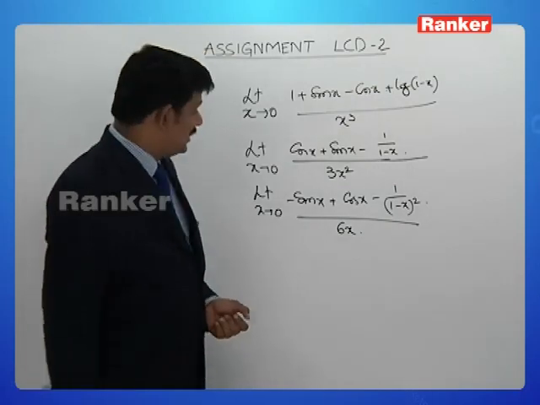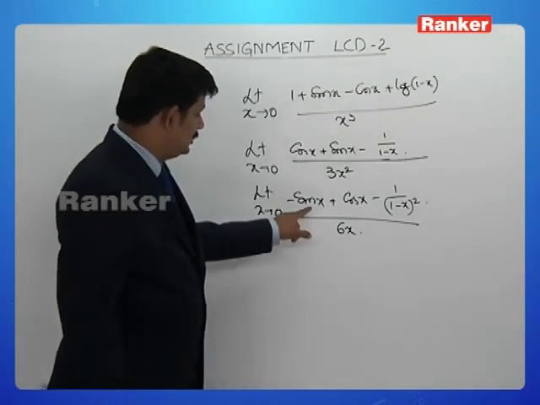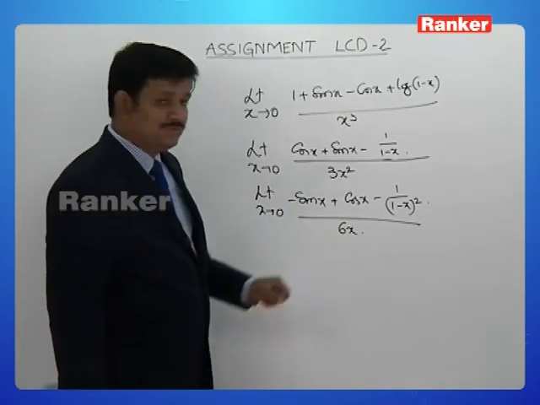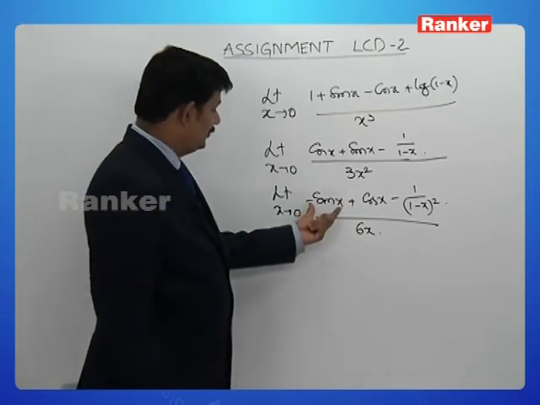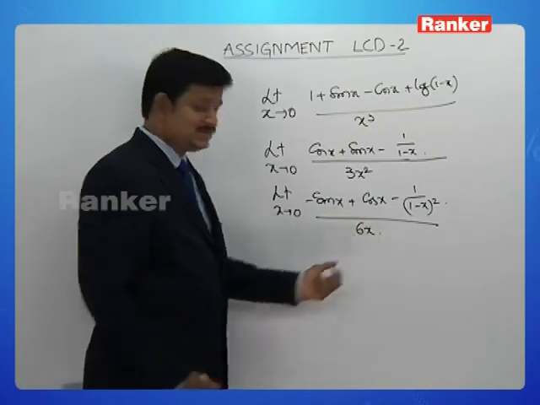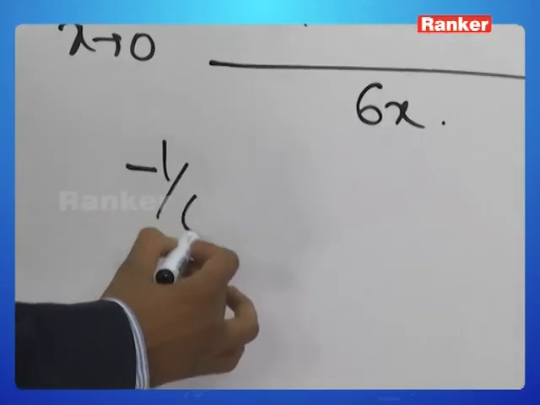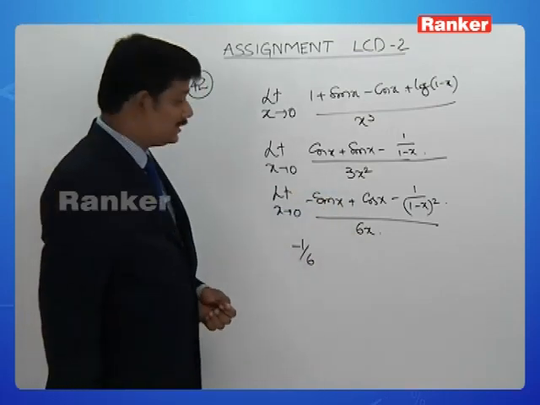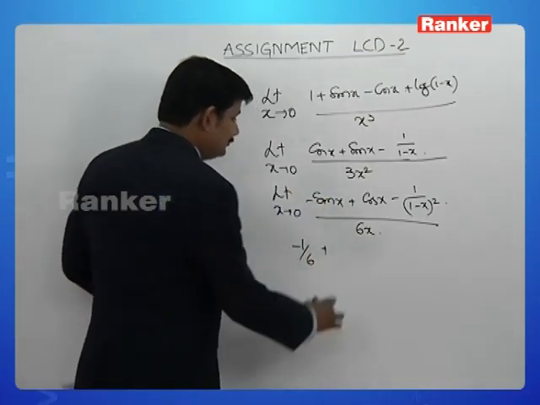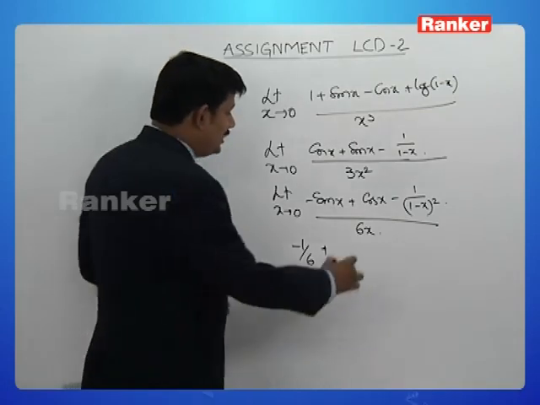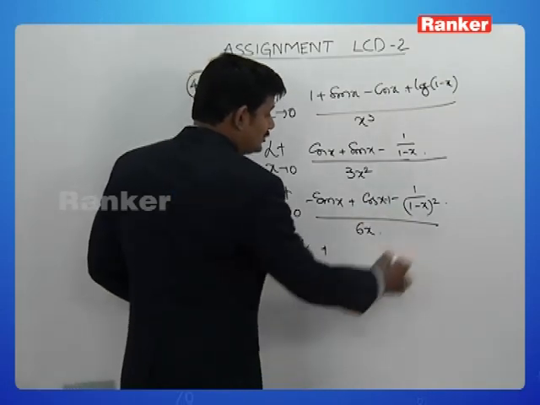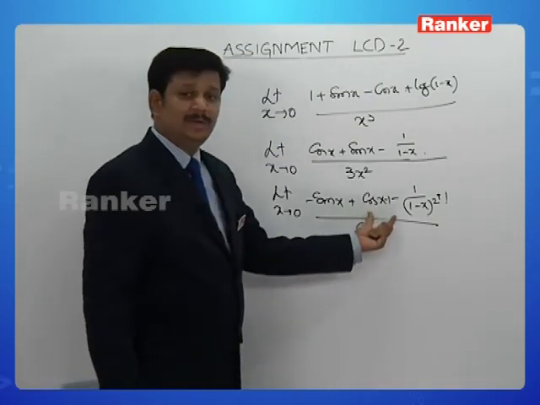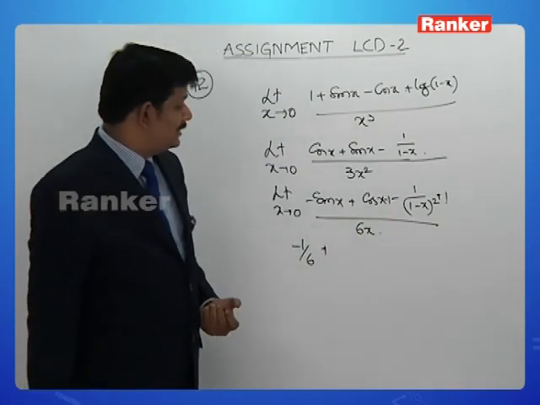Now, we can see some standard limits. Sin x by x, we know it is 1. So, we have minus sin x by 6x, which will be minus 1 by 6. So, this part of the limit is minus 1 by 6 plus, let me add and subtract 1 here, minus 1 plus 1. Cos x minus 1 by x square, we know it is minus half.